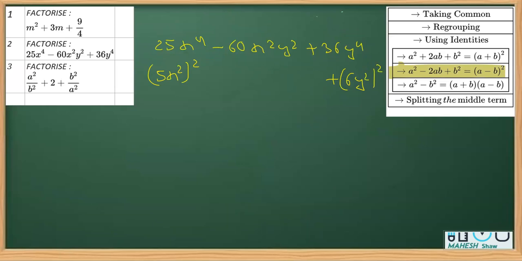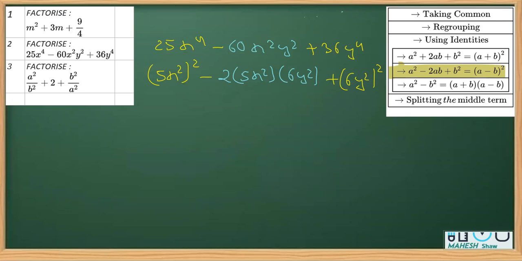Now, once we have a square and b square, we'll write minus 2 into first term into second term, minus 2 into a into b. So that is 2 into a, which is 5x square, into b, which is 6y square. On simplifying this, you will get the same as the middle term.